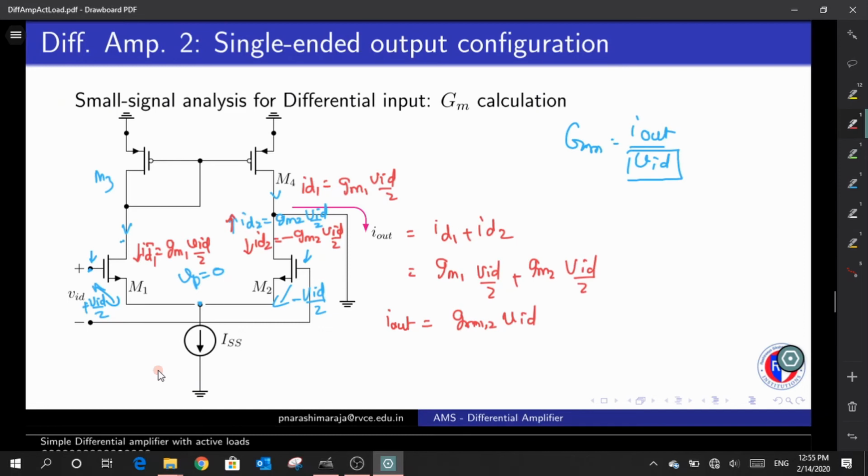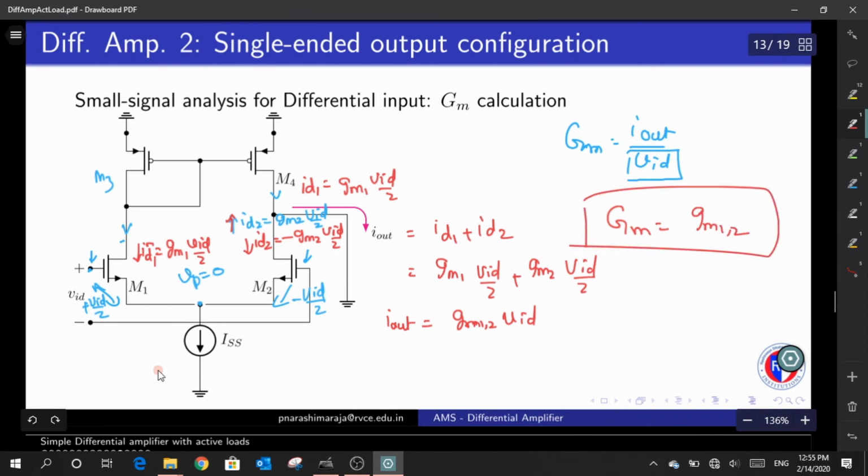Clear? Now, what is my capital GM of the circuit? From the previous case we had only half the value of GM1,2, and right now, when I remodified this load, I could get the complete value of GM. None of the current flowing through this particular path is being wasted.